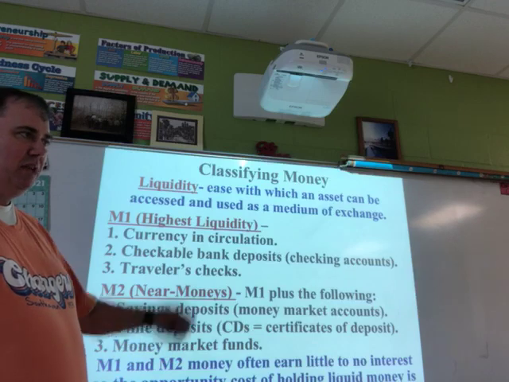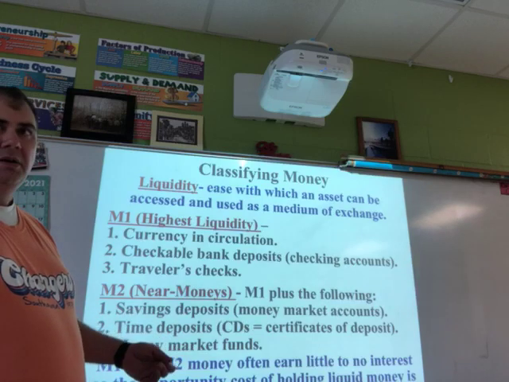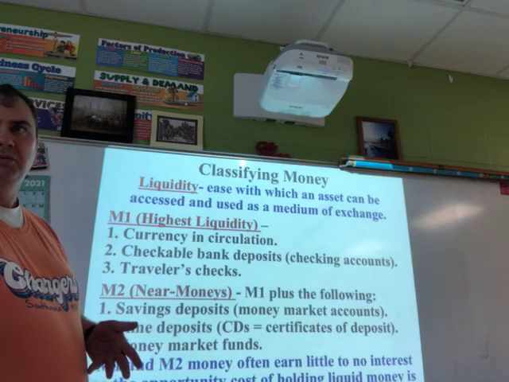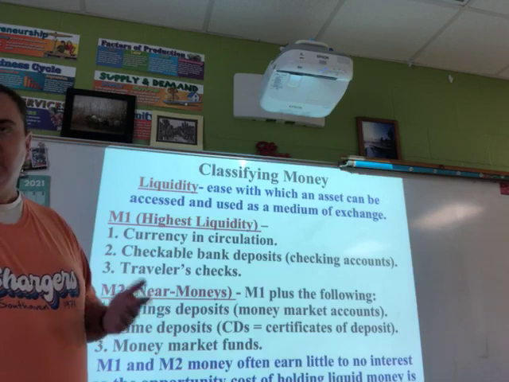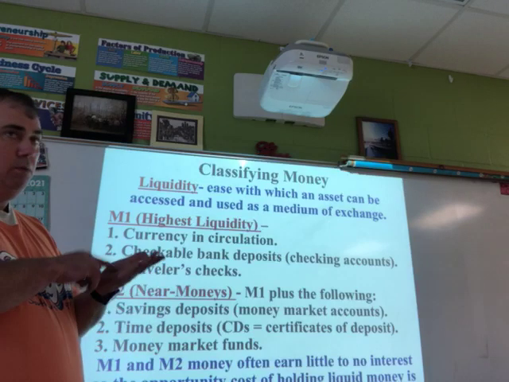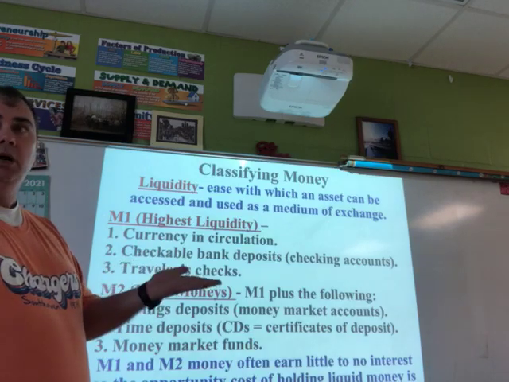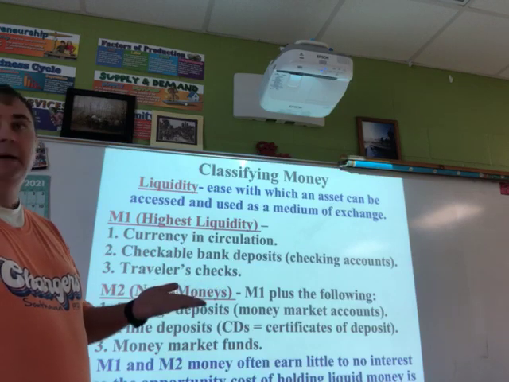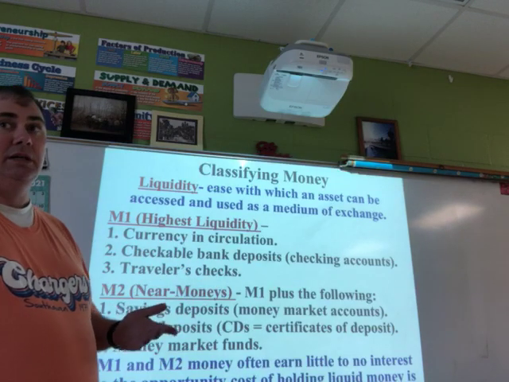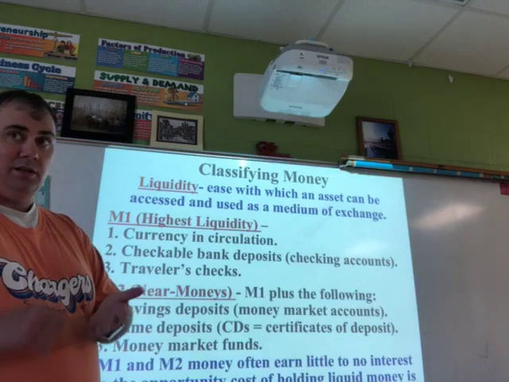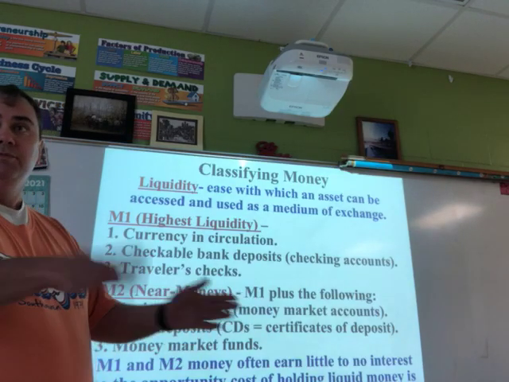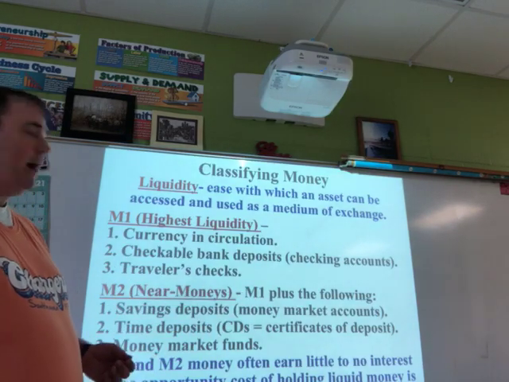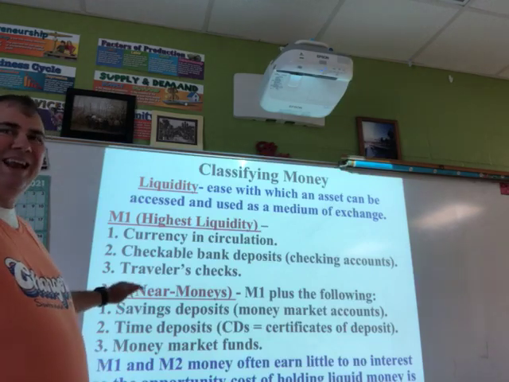You can't just use your savings account to pay for something. You have to take some action, don't you? Now, for me, it's easy enough. Now, I just pull out my phone, I go bloop, bloop, and move that money over, right? But not all banks do that. You may have to actually go into the bank and fill out the little form and get them to move money into your checking account or give you cash, right? So it's not as liquid.